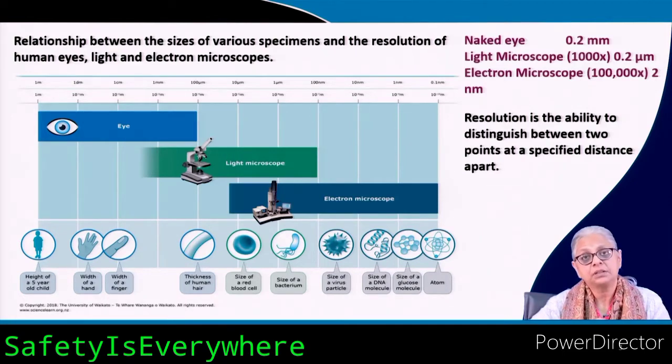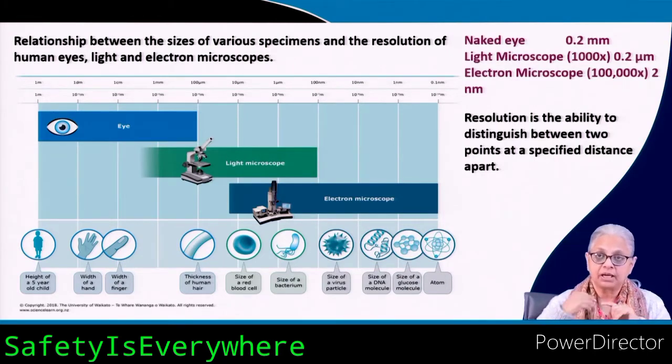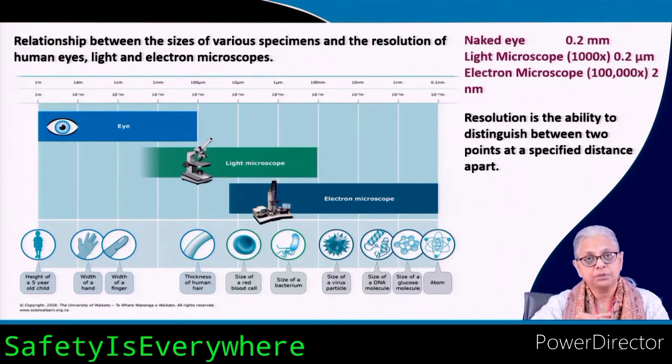Then we come to another issue related to microscopy, and that is resolution. Resolution is defined as the ability to distinguish 2 points that are some distance apart. If I am looking at some object in the distance, sometimes it's not possible for me to say whether it's a single object or 2 different objects. When you get closer, you realize that what I thought was a single object is actually 2 objects.